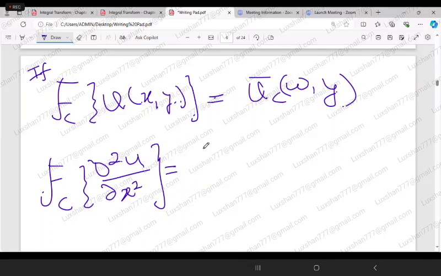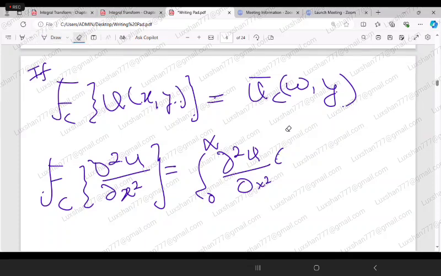According to the definition, that is equal to the integral 0 to infinity of ∂²u/∂λ² into cos(ωλ) dλ.